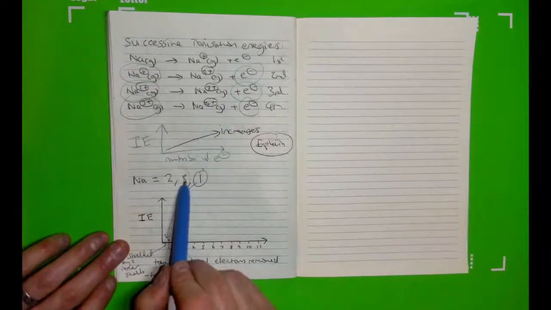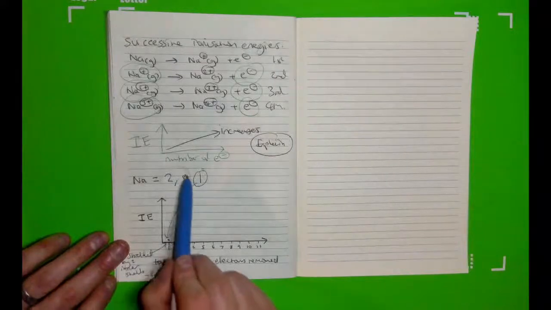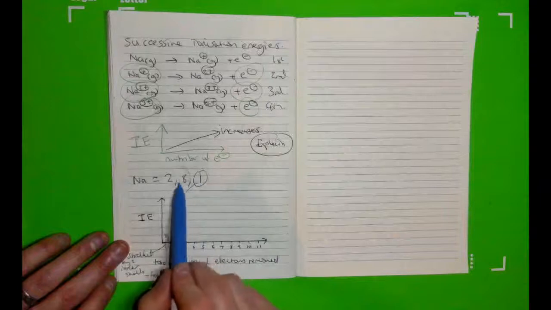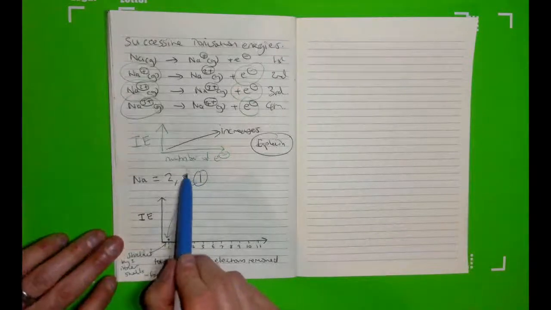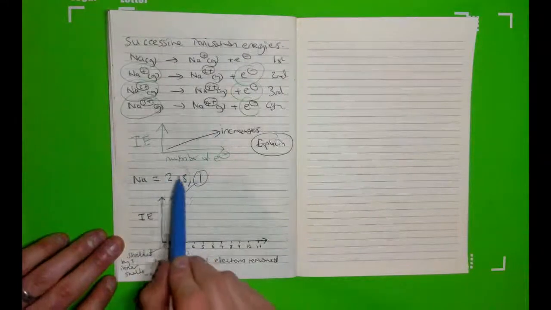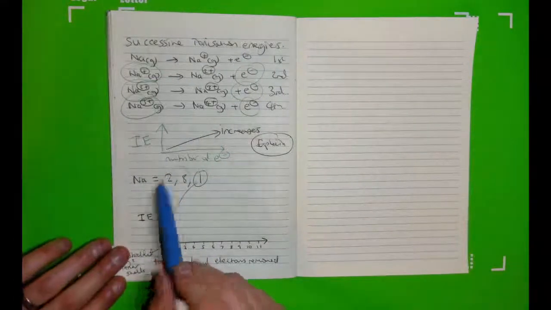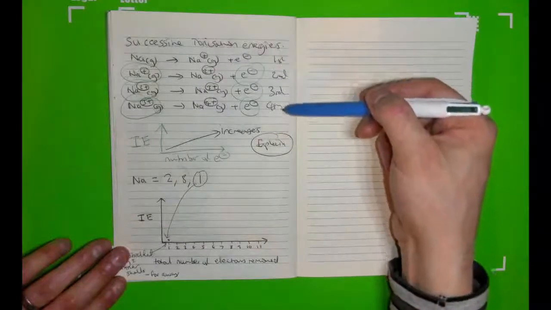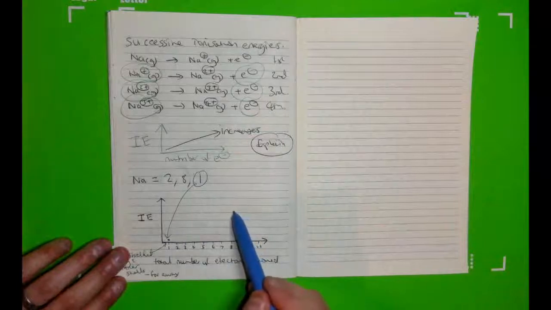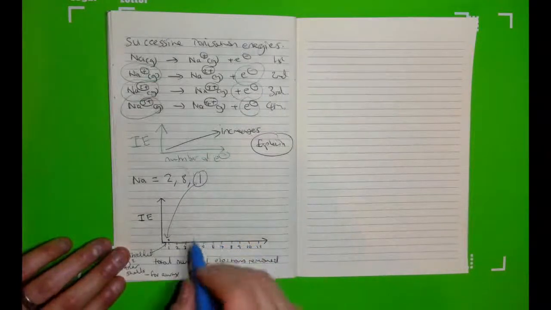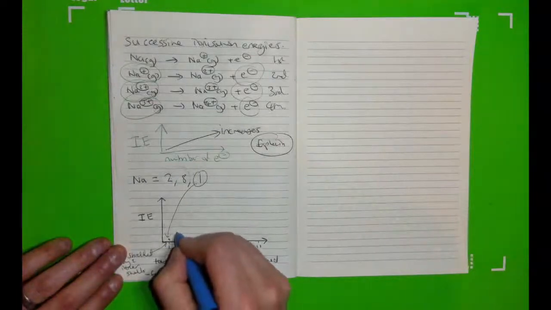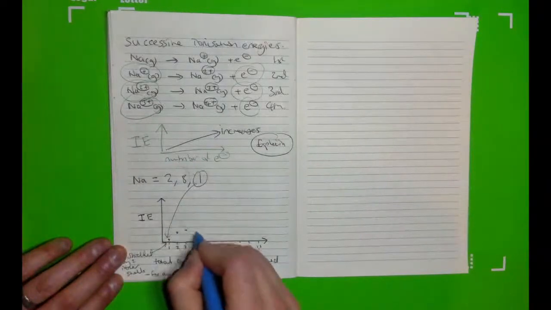There's a greater electrostatic attraction between those electrons and the nucleus compared to this electron because they're closer, and they're only shielded by one shell. So there's two reasons there. We still see a general increase here from the second ionisation energy all the way up. Still a general increase, but there is a bit of a jump, okay? So there's a bit of a jump from the first ionisation energy to the second one. And then there's just a steady increase here.